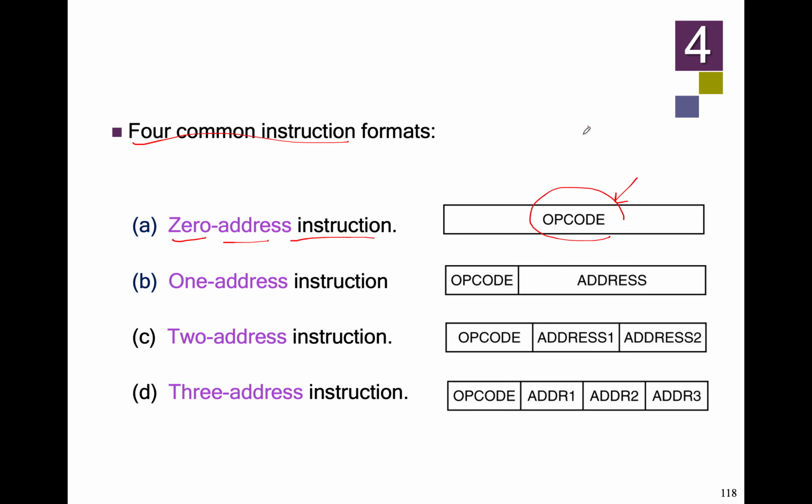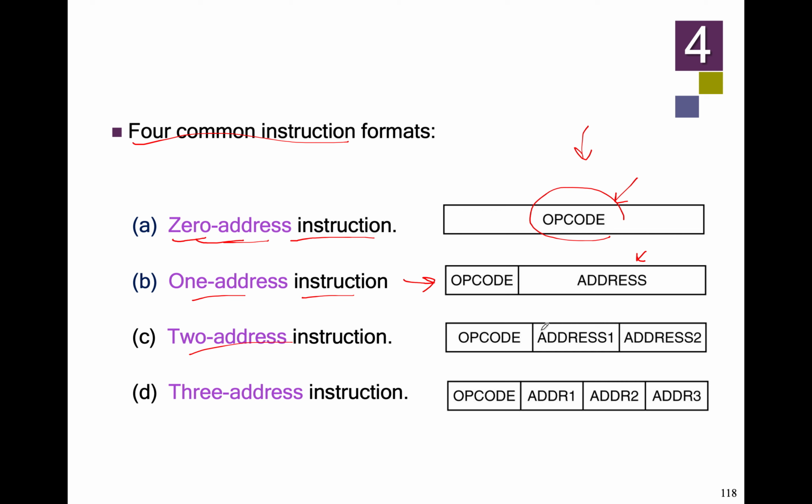So this is how the instruction looks if you have a 0 address instruction. If you have a 1 address instruction, you can have the format like this.